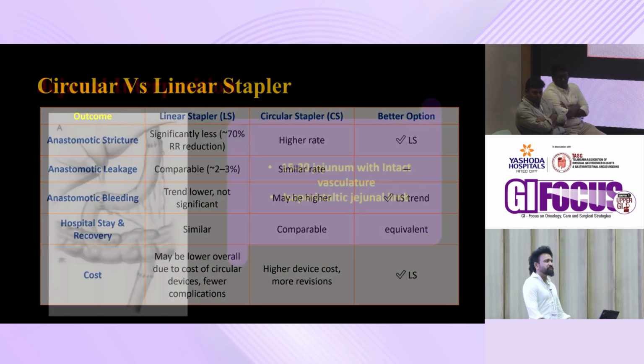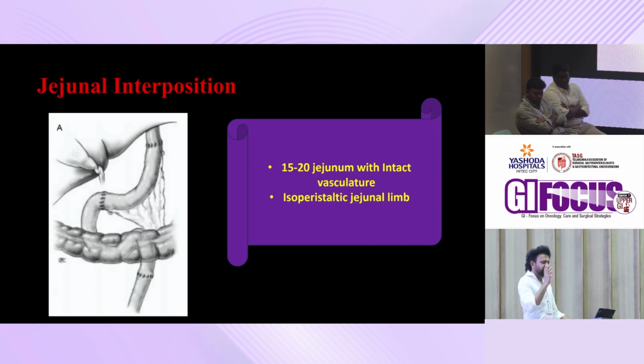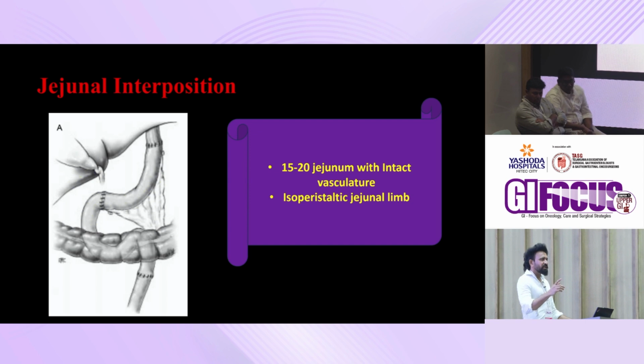And about the interposition, you will take free jejunum, around 15 to 20 centimeters with intact vasculature. We will use an isoperistaltic limb, with end to side or end to end esophagojejunostomy anastomosis, and with the side to end or end to end esophagoduodenal anastomosis.